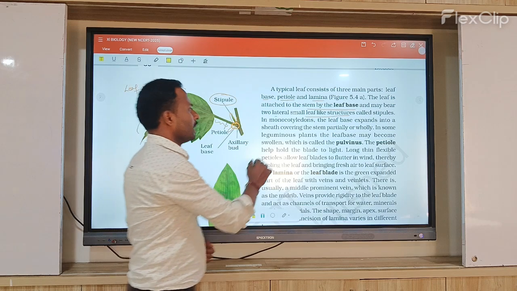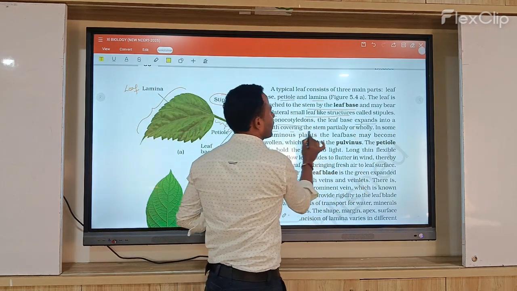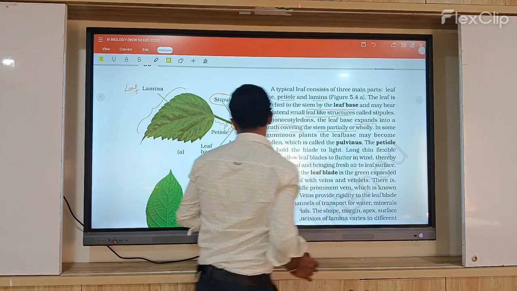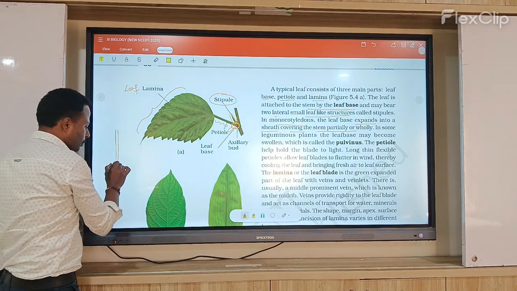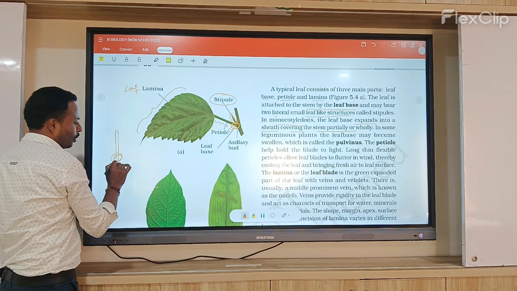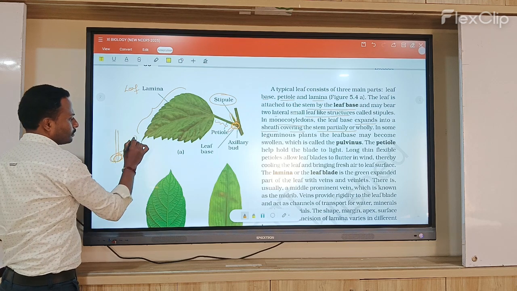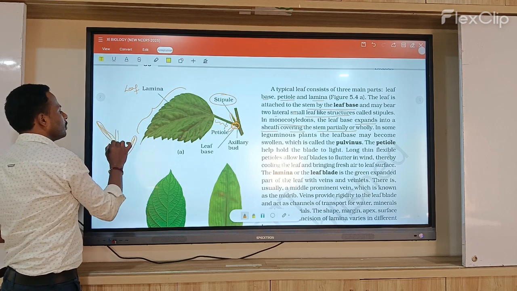In monocotyledons, the leaf base expands into a sheath covering the stem partially or wholly. You notice this in monocot stems, where the leaves are arranged covering the stem wholly or partially.